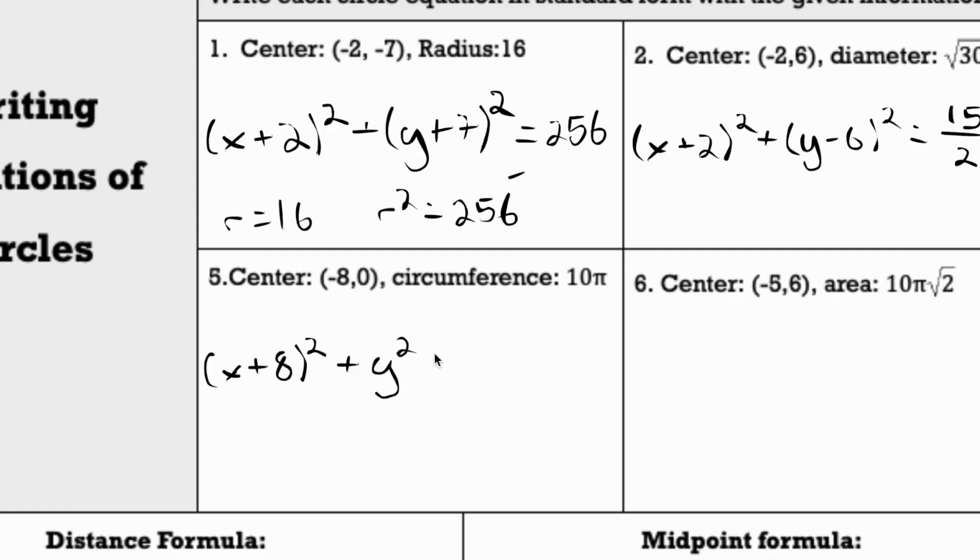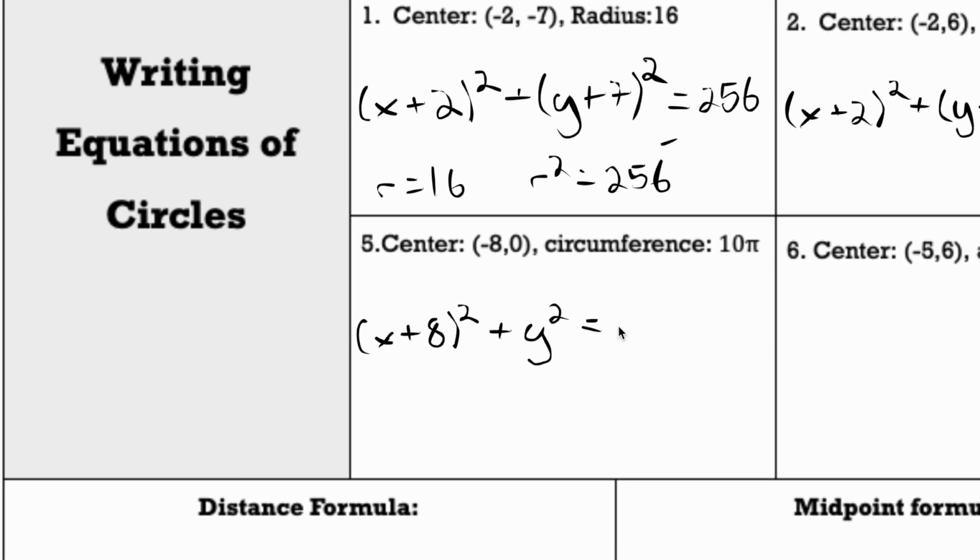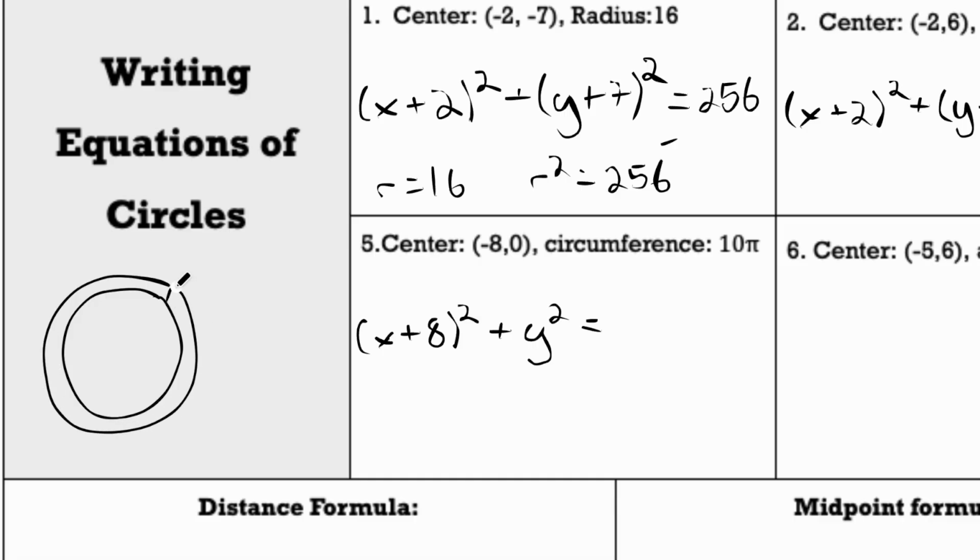And our circumference is 10 pi. Our circumference, if we remember this, you can think of it as the perimeter of a circle, almost. It's how long this arc length is, but this arc goes around the entire circle.